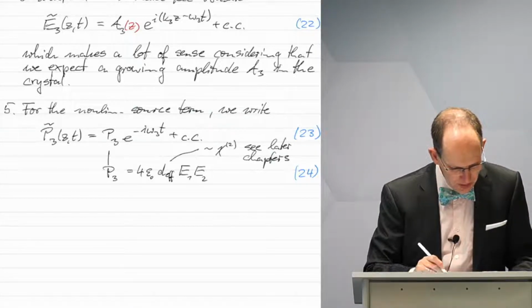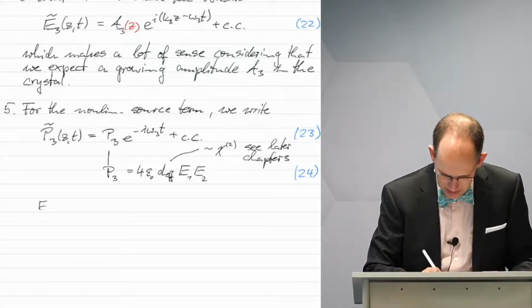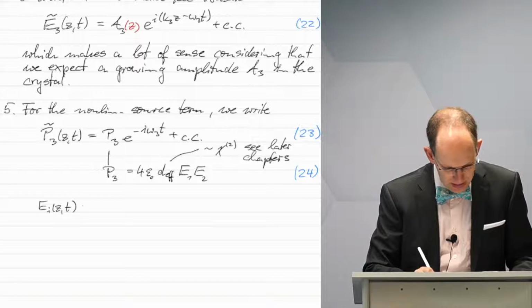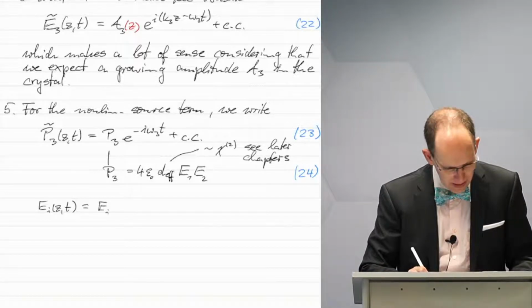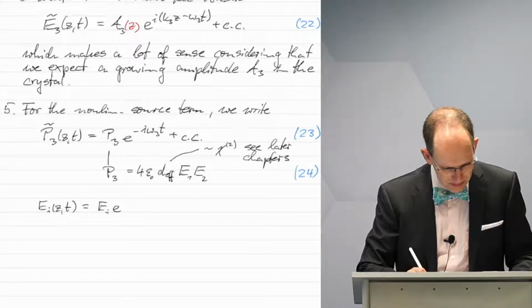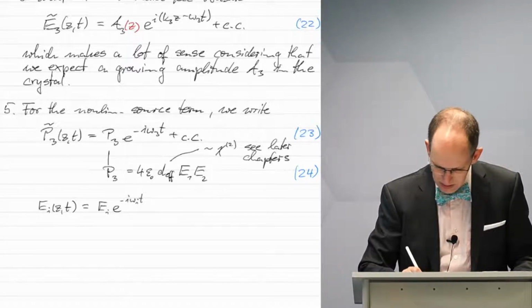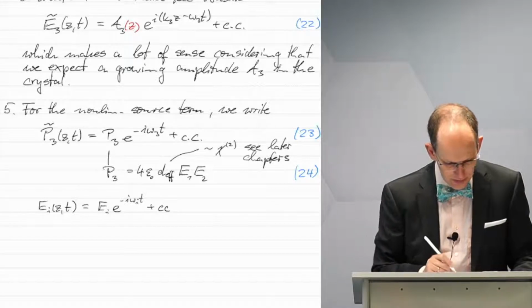So we would know that E_i of z and t is equal to the amplitude times its temporal evolution, plus complex conjugate, of course.